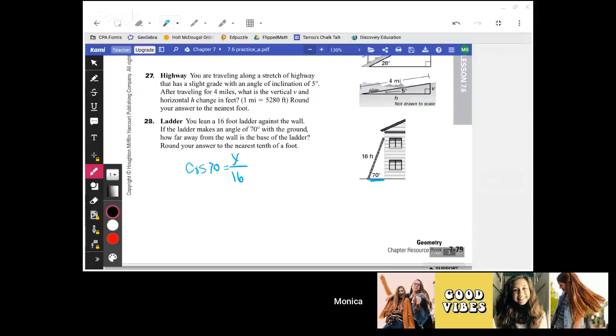And you don't have to do any kind of changing as far as feet to give your answer in the tenth of a foot like you did up here on number 27. You had to do that because it gave this measurement to you in miles, but wanted your answer in feet. This one, your measurement's in feet and it wants your answer in feet. So you're good. There's no conversion to do.